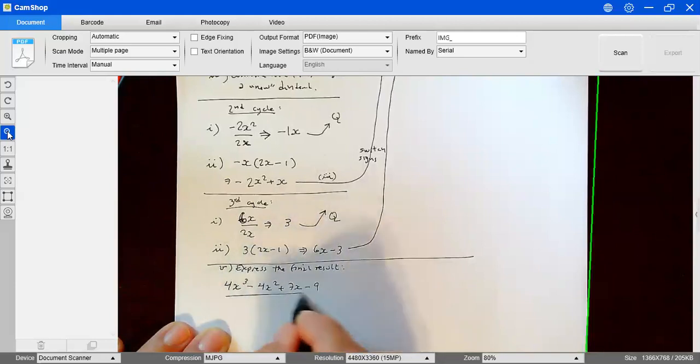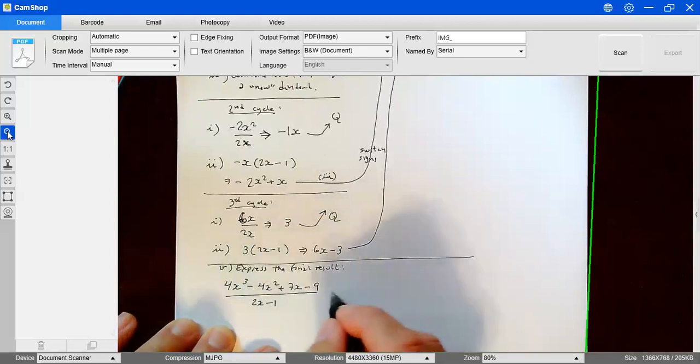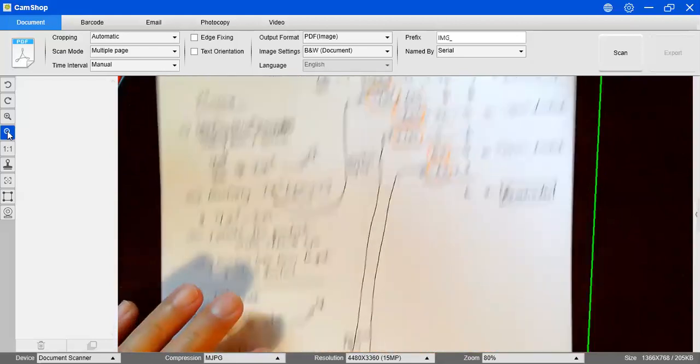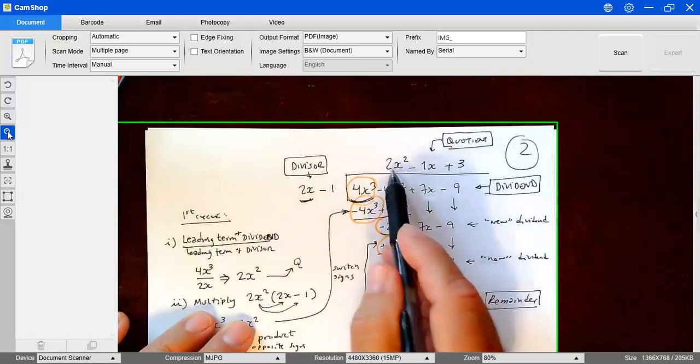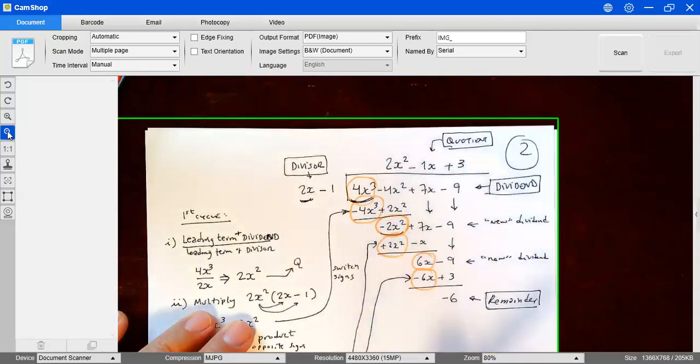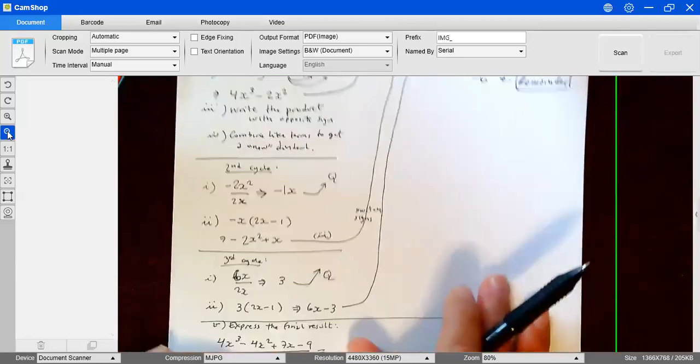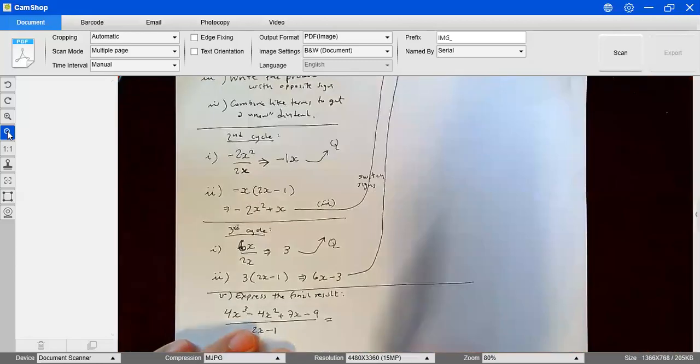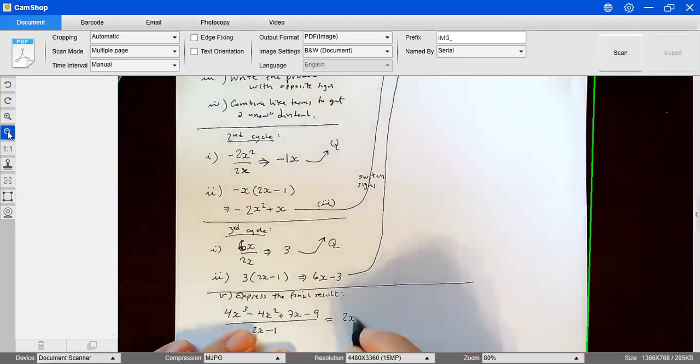We divided this by 2x minus 1, and the answer is the quotient. So we're going to copy the quotient from here. We're going to copy this entirely. So 2x squared minus x plus 3. This is the quotient.